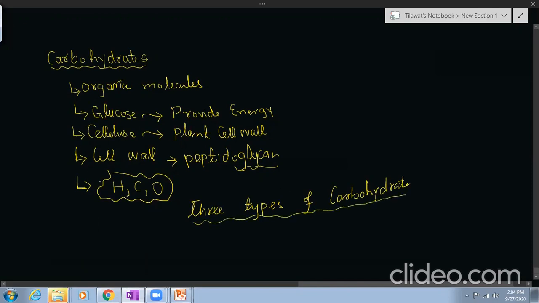Okay, another important role of carbohydrate is that carbohydrate is also in our DNA, right? There is what? Ribose sugar. In our DNA, deoxyribose sugar. So this is also a carbohydrate, okay?